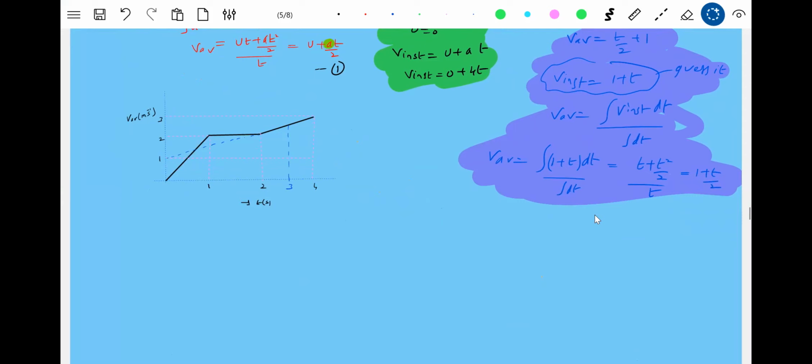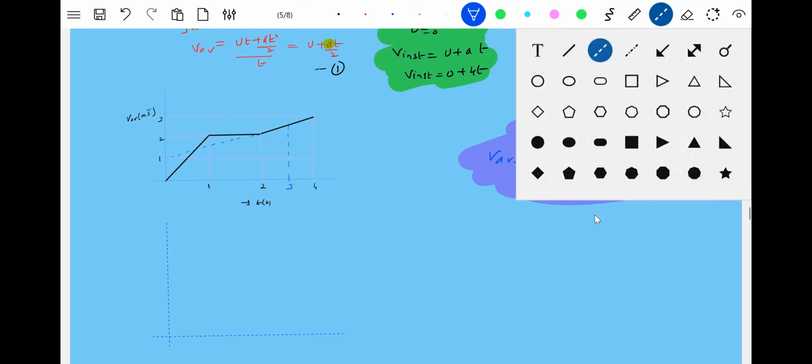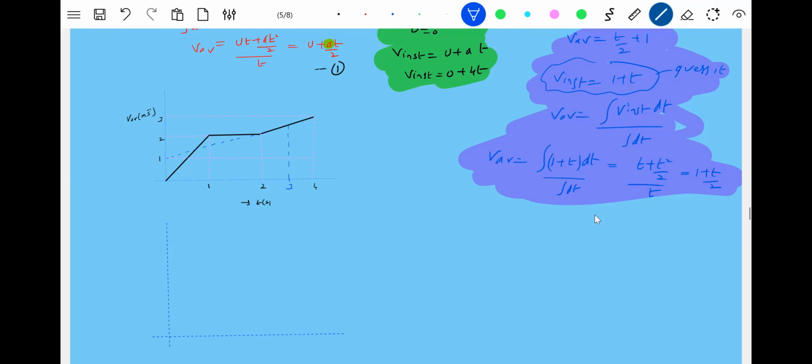Initial velocity, everything. So that the curve will be, first, a straight line. According to this, it will be a straight line for 0 to 1 second. Then 1 to 2 seconds, it will move with a constant speed.